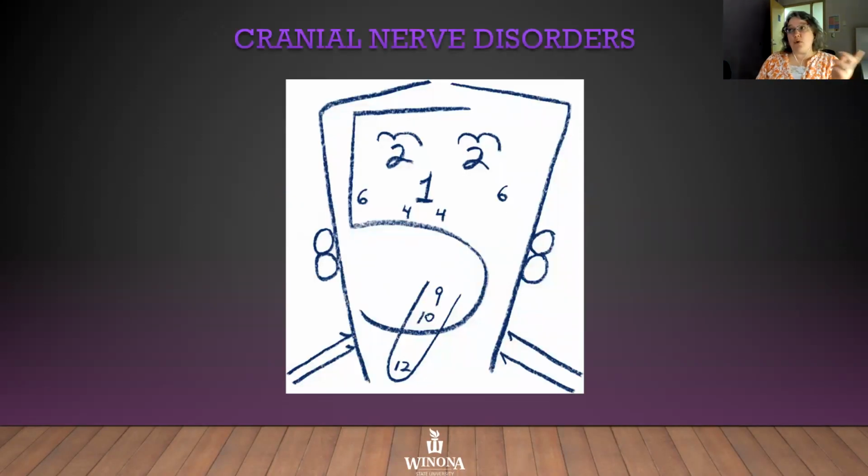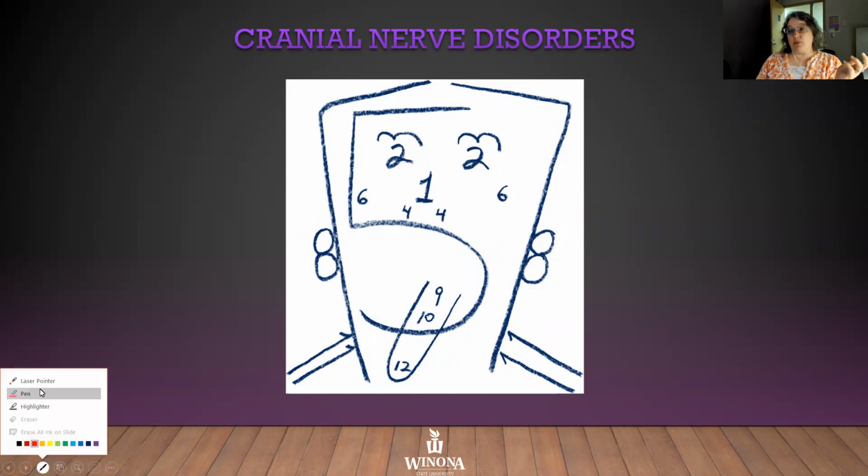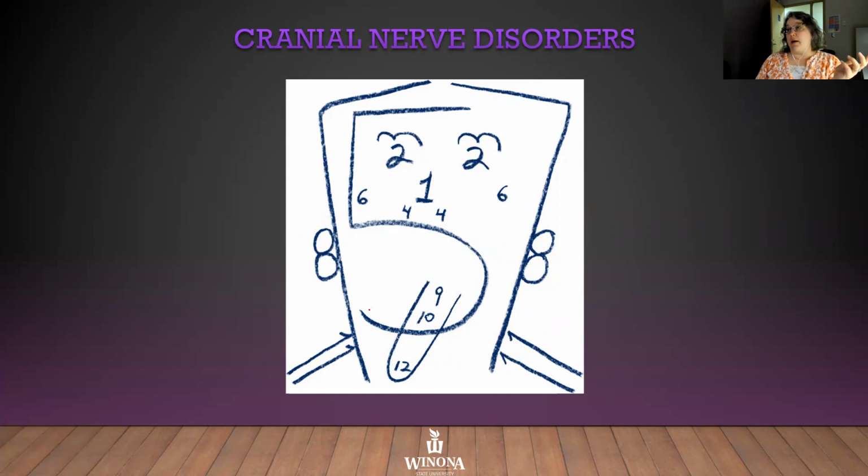If you're a visual person, this is a nice visual representation of what the cranial nerves are. These are all numbers, and it looks kind of like a person. This is cranial nerve number 7, this is cranial nerve number 11, and this is cranial nerve number 8.